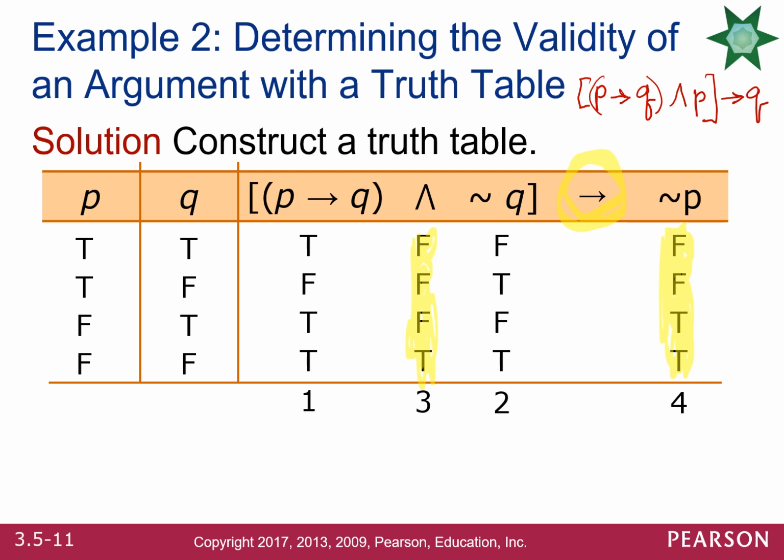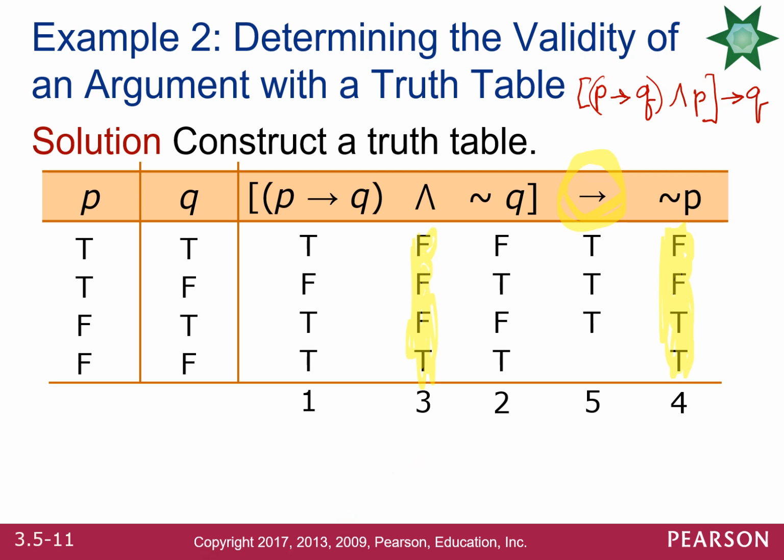The first one is false and false, correct? False and false should be a true. Is it a true? Yes, it's a true. The next one is false followed by a false, which should also be a true. Then false and true should be a true.